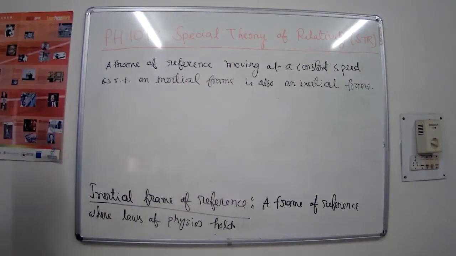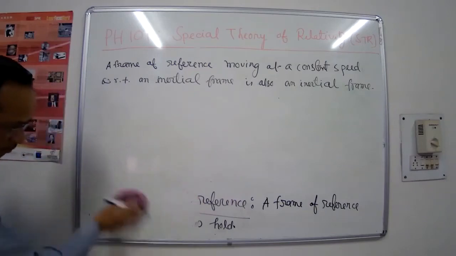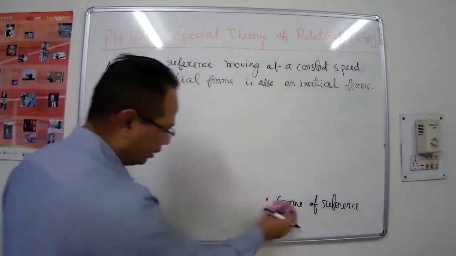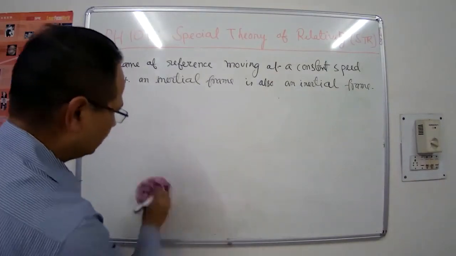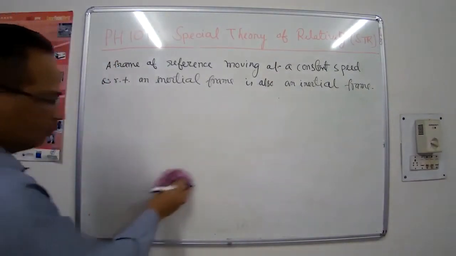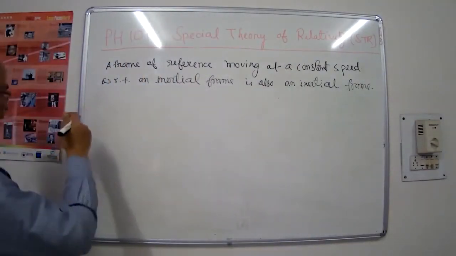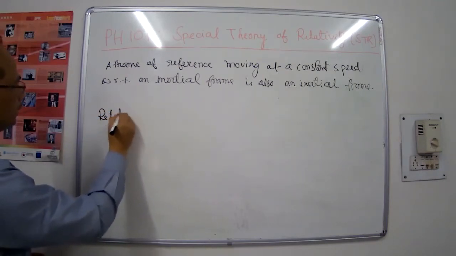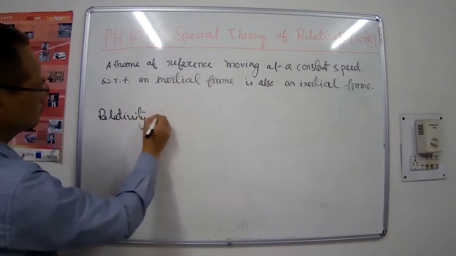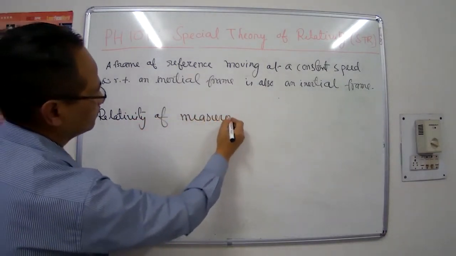But why am I talking about the frame of reference? Because when I make a measurement of a physical quantity, that measurement has to be made with reference to a certain frame of reference. So there comes the concept of relativity of measurement.